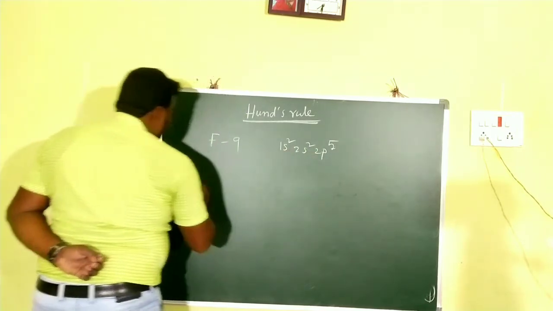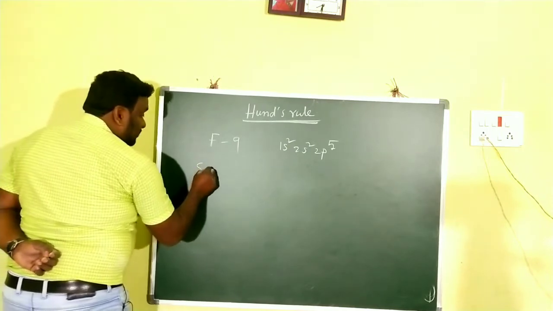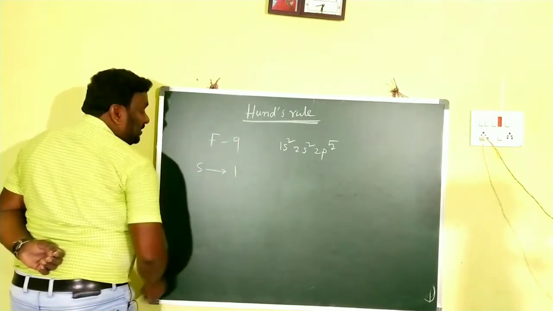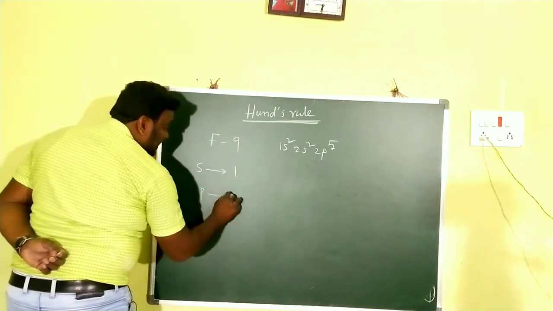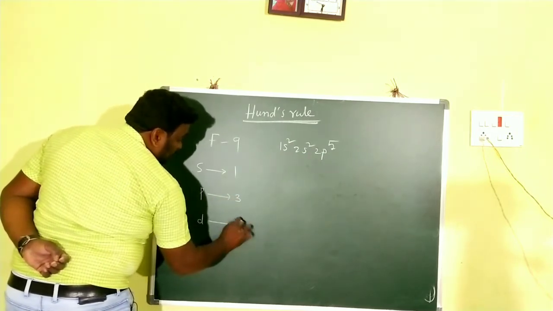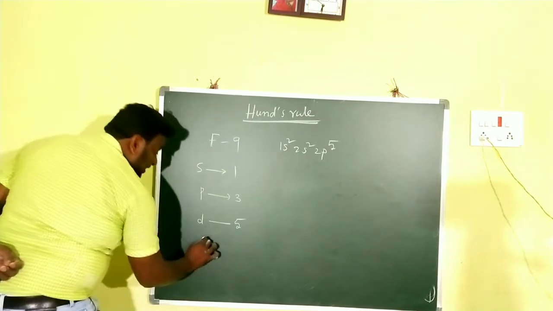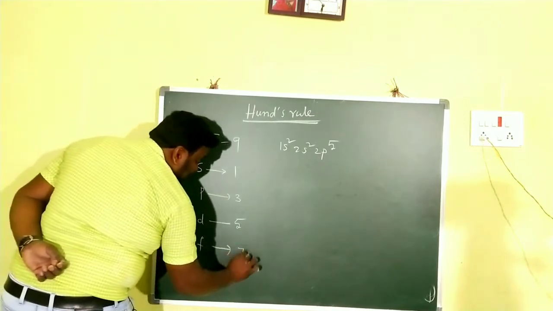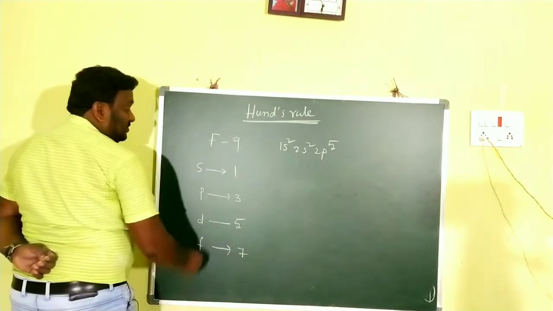So children, s consists of only one degenerate orbital, p consists of 3 degenerate orbitals, d consists of 5 degenerate orbitals, and f consists of 7 degenerate orbitals.